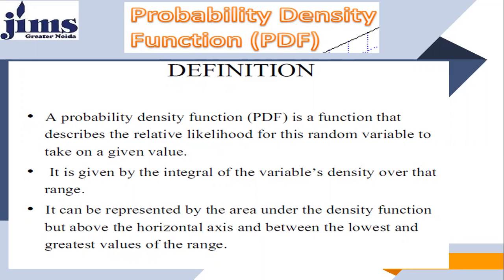So what you have to do is just integrate the PDF with the limit or the range where the existence of the variable is to be found. It can be represented by the area under the density function. That is clear. It can be represented by the area under the density function, above the horizontal axis, and between the lowest and the greatest value of the range. This is also clear, right?